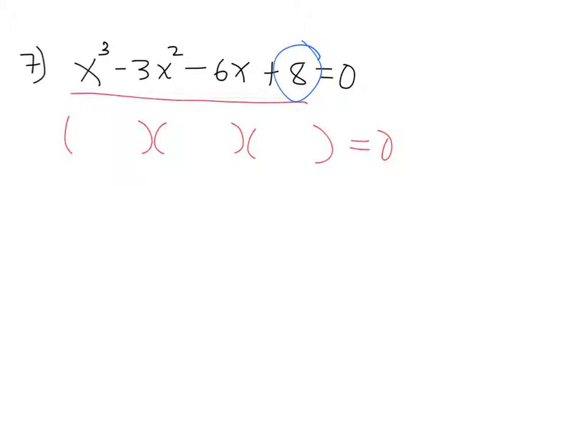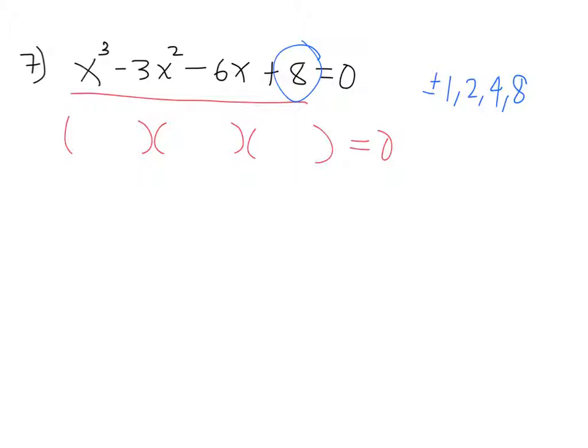So give me a factor of 8. We can test 1, we can test 2, we can test 4, we can test 8, and the negative counterparts of these numbers. Okay, so we can start with 1.